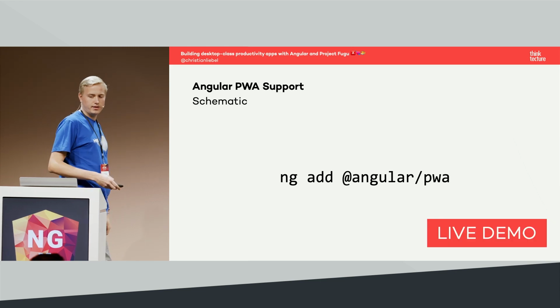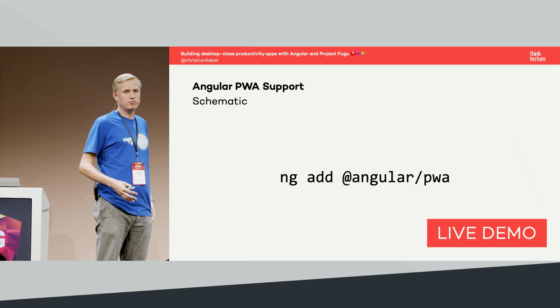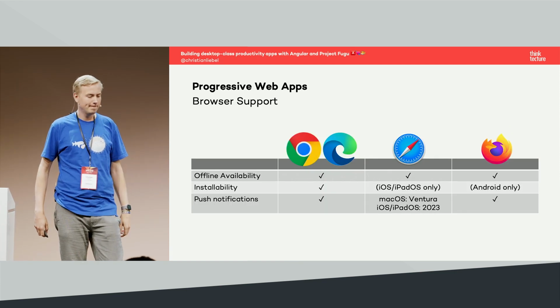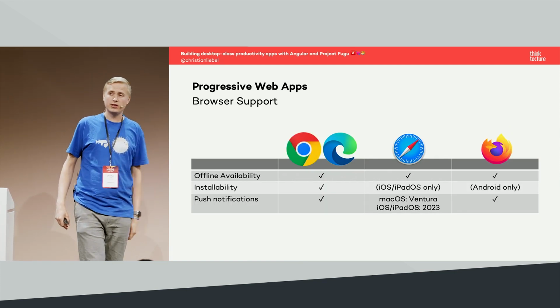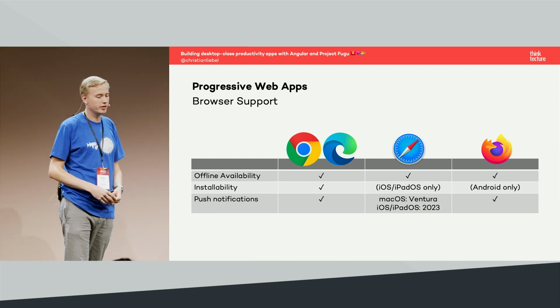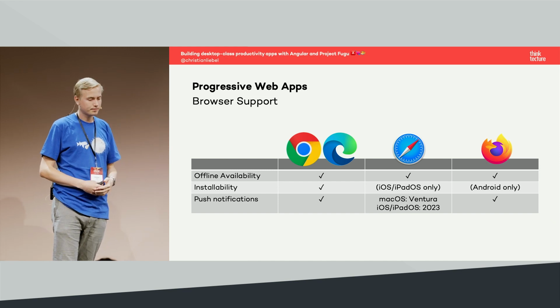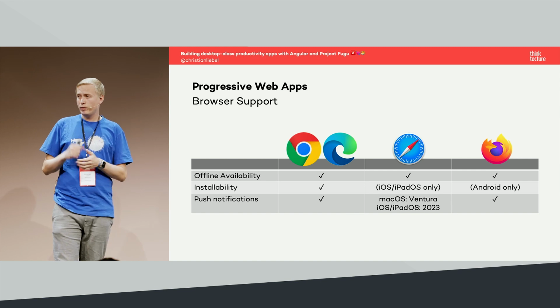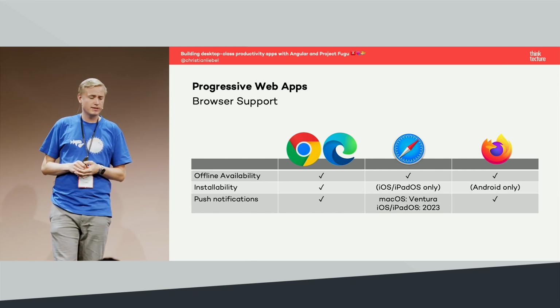As I've said, PWA is also almost old now, so it's been some years now. So browser support actually looks quite good. Offline availability provided by the service worker is supported on all evergreen browsers. Installability is supported everywhere with the Chromium-based browsers.